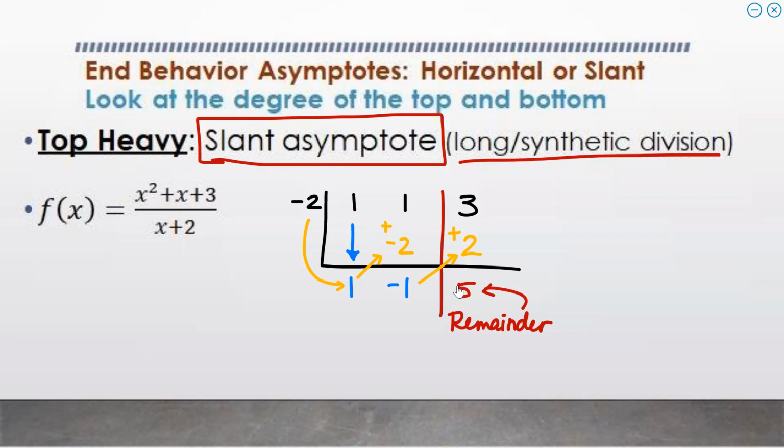When I use synthetic division, the result has dropped by a degree because we're dividing it by a first degree polynomial here. So instead of being the coefficient on x squared, after synthetic division, this is the coefficient on x. And that means -1 is my constant. So this is y equals x minus 1. This is my slant asymptote.